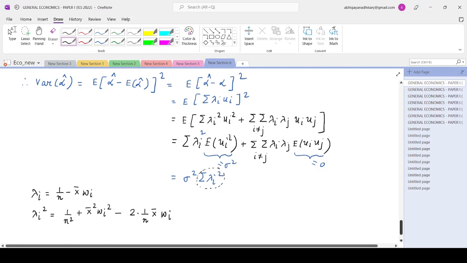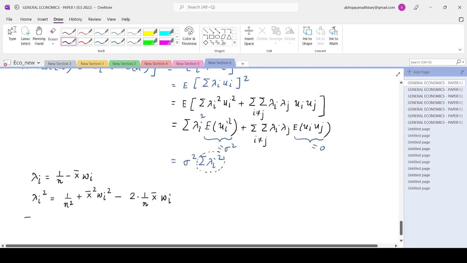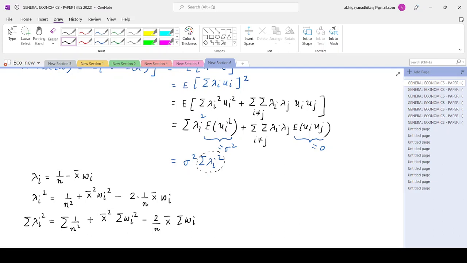So now if you take the summation, summation lambda i square, what will it be? Summation 1 by n square plus x bar square out summation w_i square minus 2 by n into x bar out summation w_i. Now what is summation w_i?